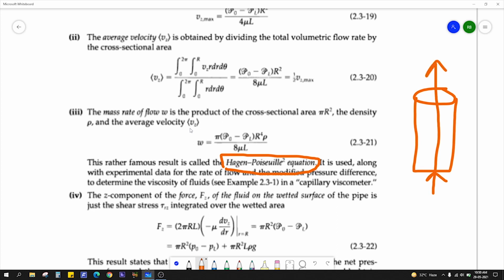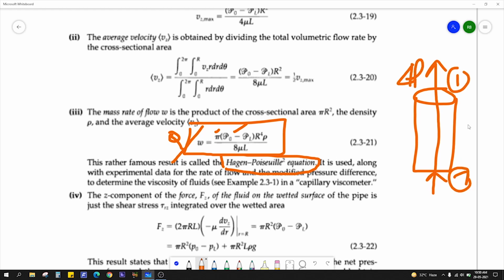Earlier we derived this formula, where W was the mass flow rate. In some textbooks the mass flow rate is denoted as Q, so don't get confused, both have the same meaning. In this formula we have the mass flow rate W and the pressure difference, from high pressure to low pressure, because of which the fluid is flowing.